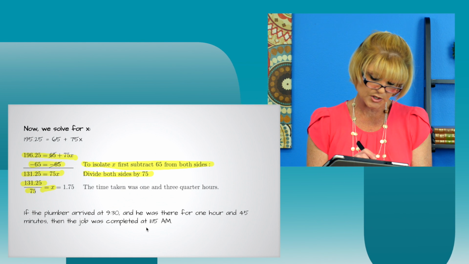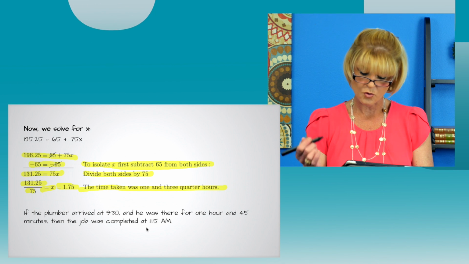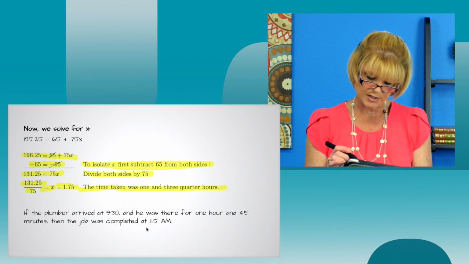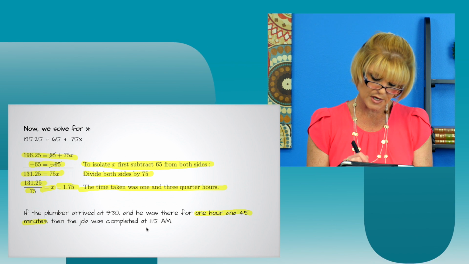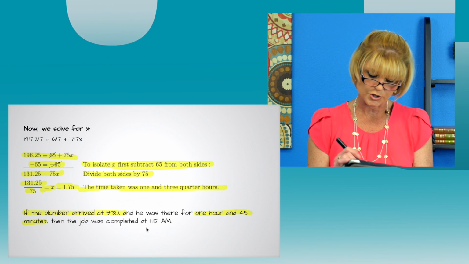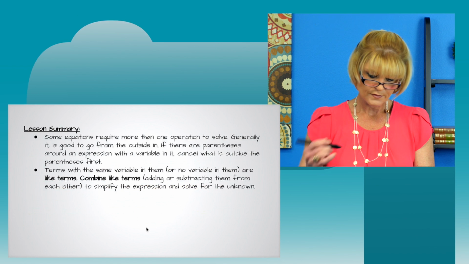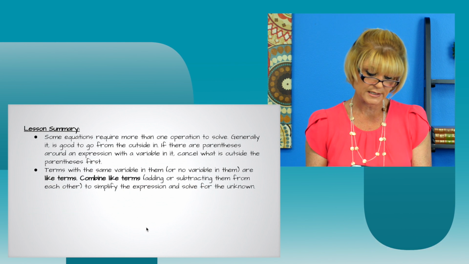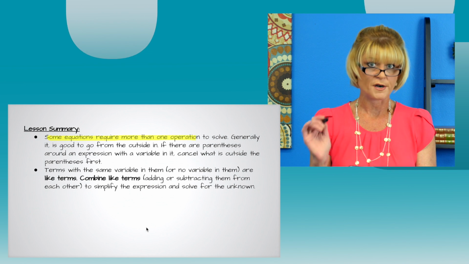Once we do that division, we find that the time taken was 1 3/4 hours, and we can change that into 1 hour and 45 minutes. So if he arrived at 9:30 and he was there for 1 hour and 45 minutes, then the job was completed at 11:15 a.m.